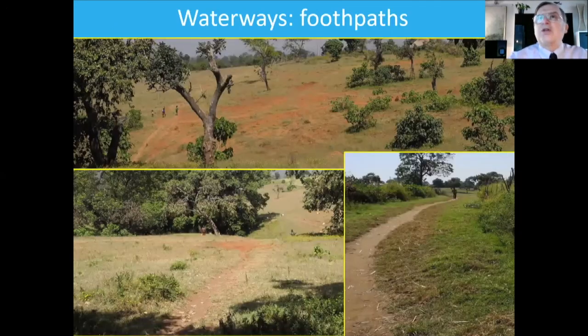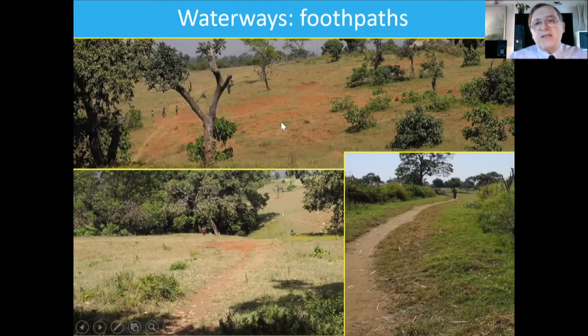But gullies are not the only waterways. Gullies are very well known, very well studied, but there are other waterways, especially footpaths like this one, that are never considered in soil erosion models. But you can imagine how much sediment is removed through these footpaths during high intensity rainfall, especially during the monsoon time.